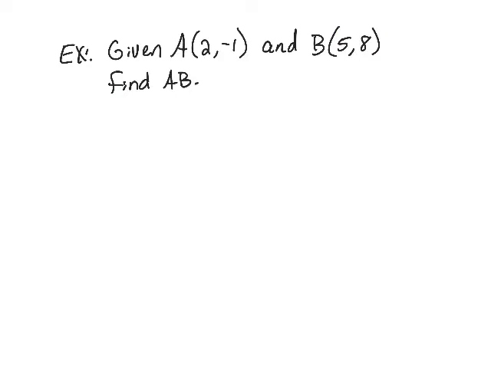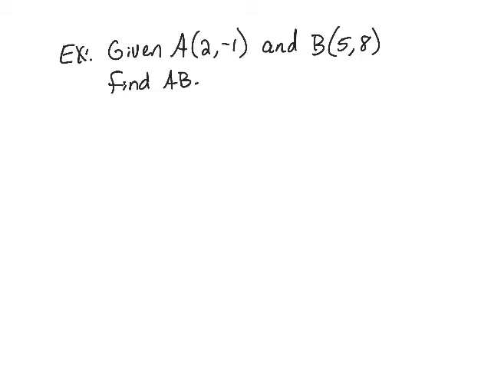So here's an example of how we're going to use that formula. Given point A is (2, -1) and B is (5, 8), I want to find AB. And remember, we talked about this the other day. When I see the two letters together with no symbol across the top, that means I'm finding the length of segment AB. So when you're given coordinates, you're going to use the distance formula.